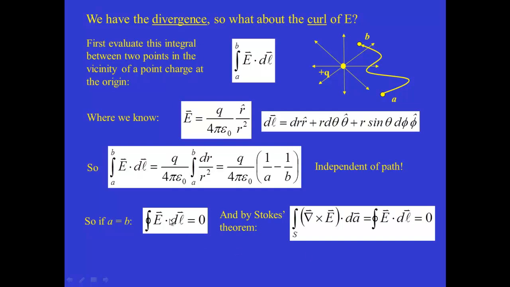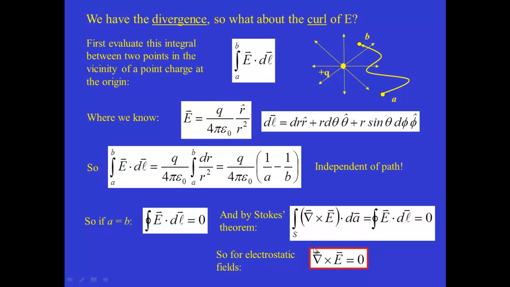And so if that's equal to 0, and if it has to hold true for any surface that is bounded by this line integral, there's lots of different surfaces that could be bounded by this closed line integral, then the only way that this statement can always be true is if del cross E is equal to 0. And so that's what we conclude for electrostatic fields. Del cross E is equal to 0.